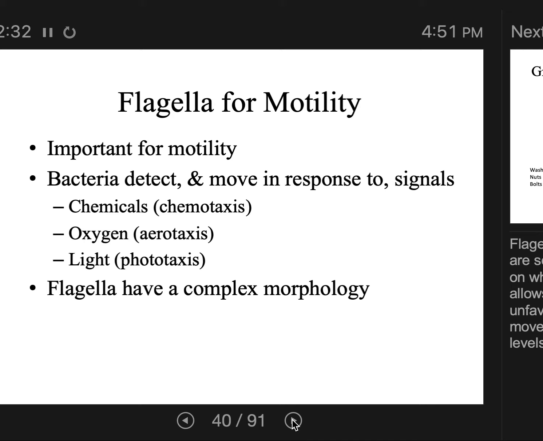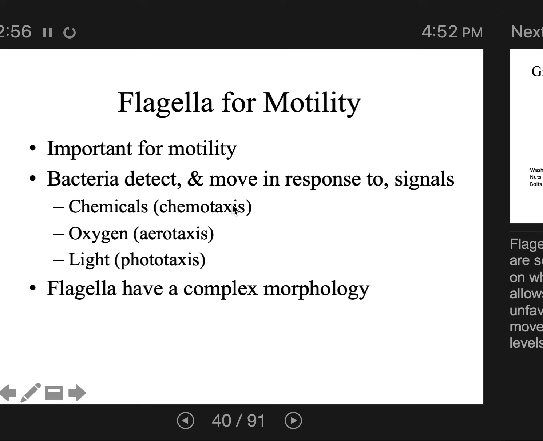So chemo for chemical, taxis for movement. But the other kinds of signals that we talked about, so if the bacteria is responsive to oxygen levels, that's called aerotaxis, or movement in response to oxygen, aero meaning air. Phototaxis is movement in response to light levels. We're really going to focus on chemotaxis in this class.